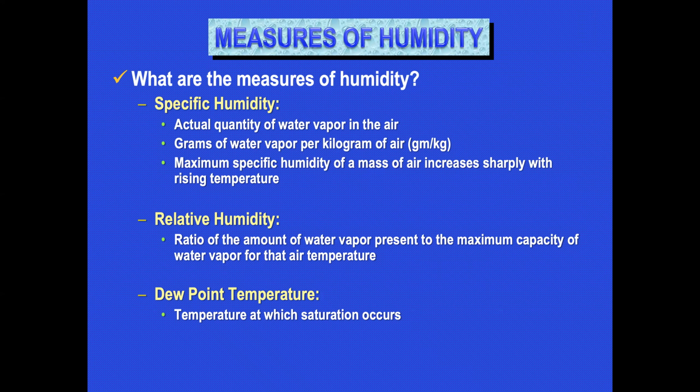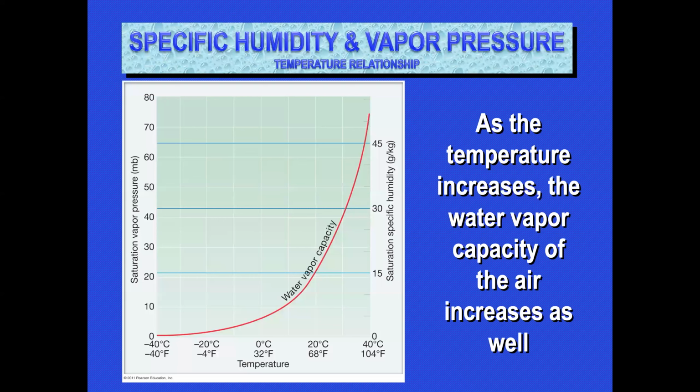Get it? Dew point. Or in winter, frost. Okay. There you go. As the temperature increases, the water vapor capacity of air increases as well. Remember back to that image with the little nitrogens and the oxygens being further apart versus being close together.